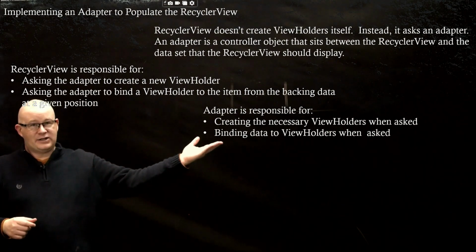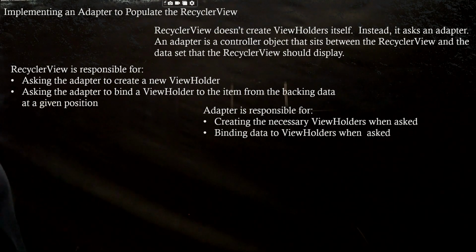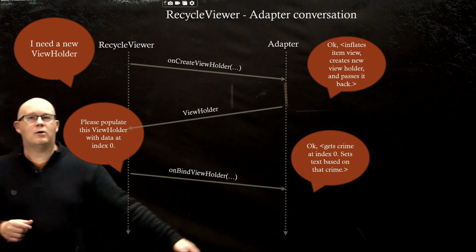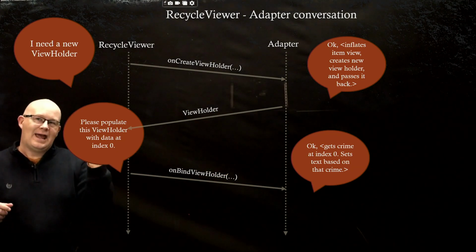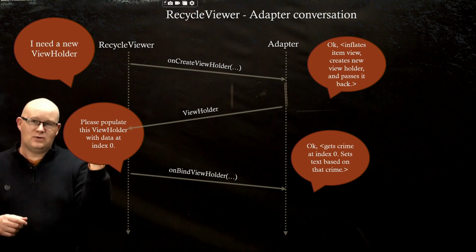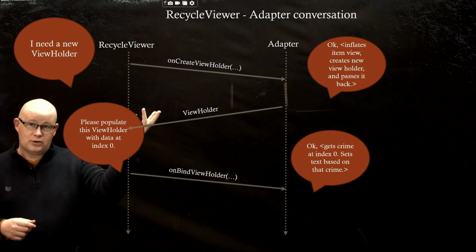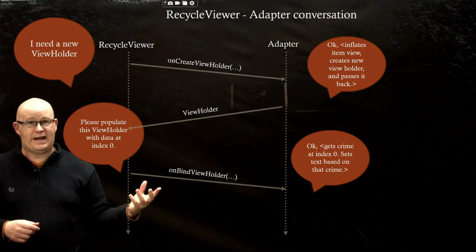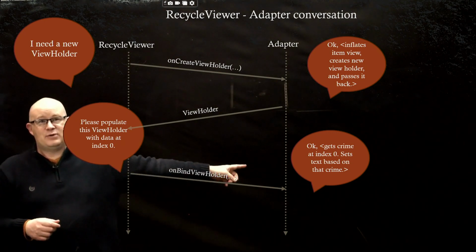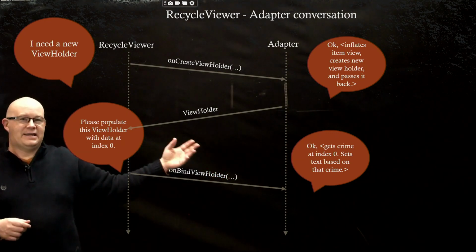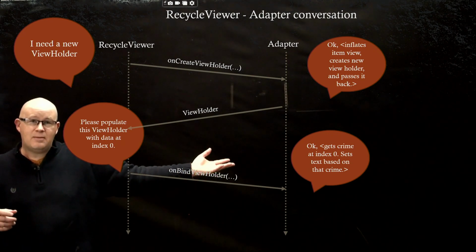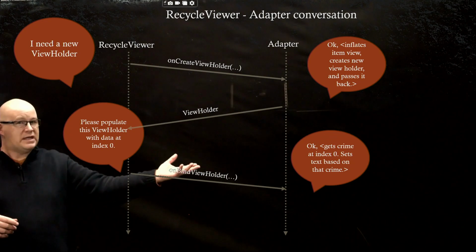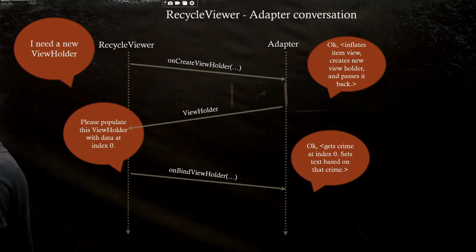It will bind the data to the view holders when asked. So that completes our conversation. So the adapter has passed back a view holder, and the RecyclerView goes, okay, well, please populate this view holder that I now have with the data at index 0, and the adapter goes, okay, and it gets the crime. In this case, for our application, it gets the crime and sets the text based on that crime.